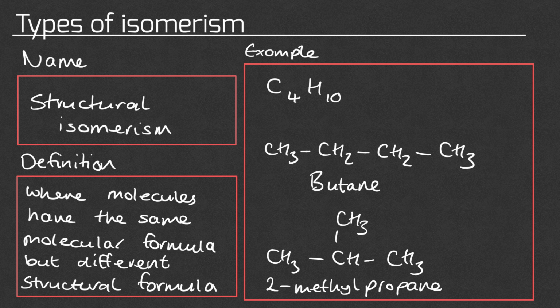This molecule would be called 2-methylpropane. So we could say that butane and 2-methylpropane are structural isomers of each other. They both have the molecular formula C4H10. They each have 4 carbons and 10 hydrogens in total, but they've got different structural formulas.